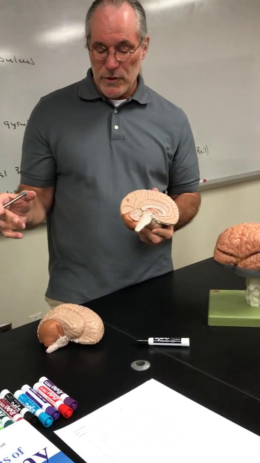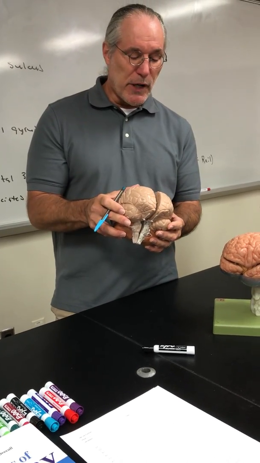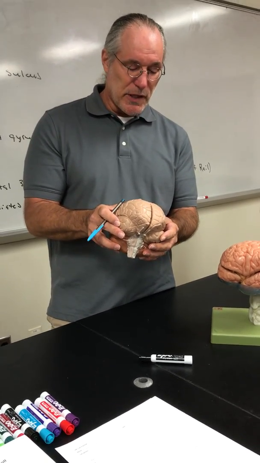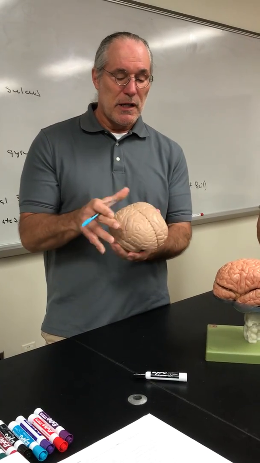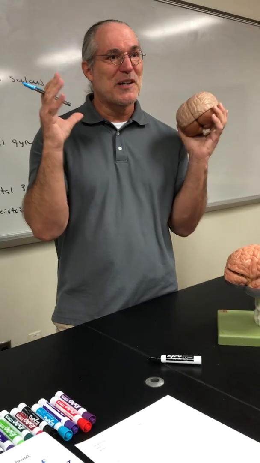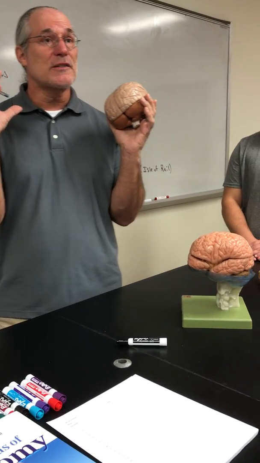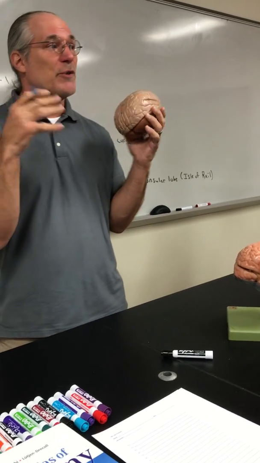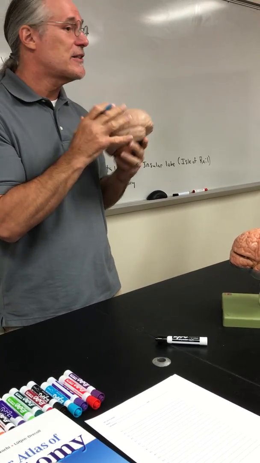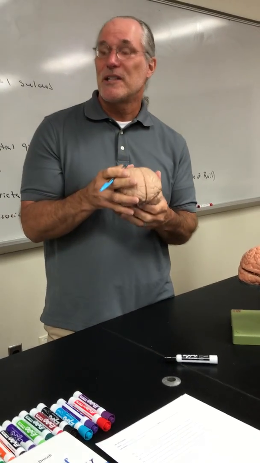Oh, and when I was talking to you about those convolutions: the reason the brain convolutes is to increase the surface area of the brain in a non-expanding volumetric enclosure, like your skull. Once it fuses, it doesn't expand. So in order for your brain to have greater surface area, it has to fold in on itself. That's how you get those convolutions.